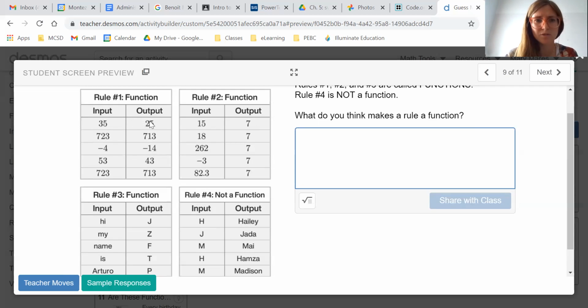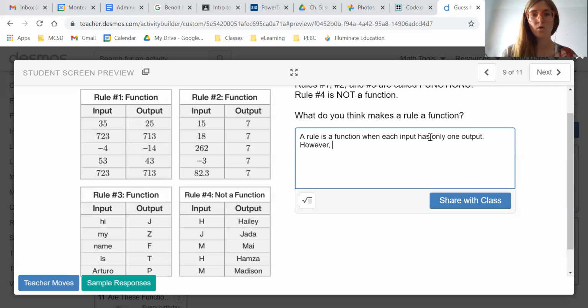So 35 is mapped to 25, 723 is mapped to 713, -4 is mapped to -14. A function can have a repeating output, but it can't have repeating inputs. So a rule is a function when each input has only one output.